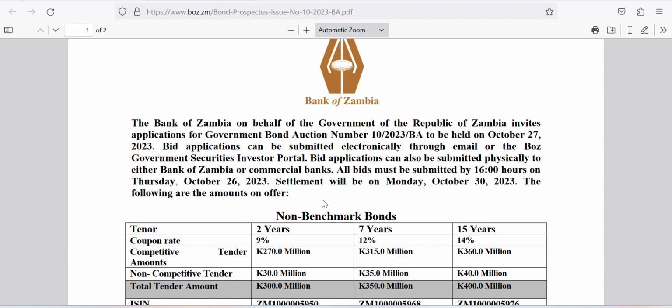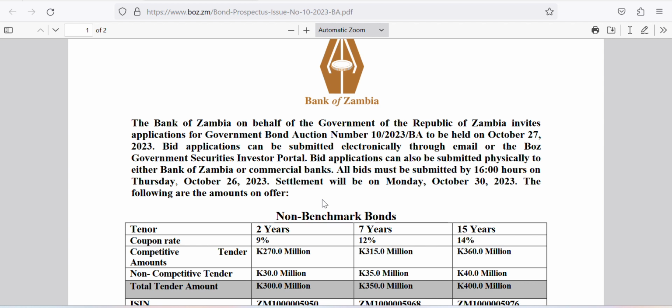the issuer of the bond is specified. In this particular case, it's the government of the Republic of Zambia that is issuing out this bond, obviously with the Bank of Zambia acting on behalf of the government. The bond auction number is stated. When the actual auction will be done, that date is stated.